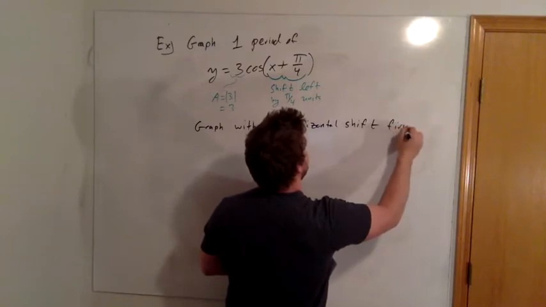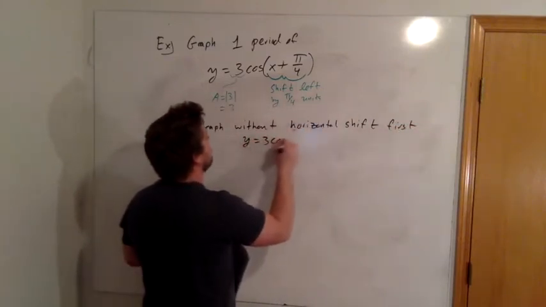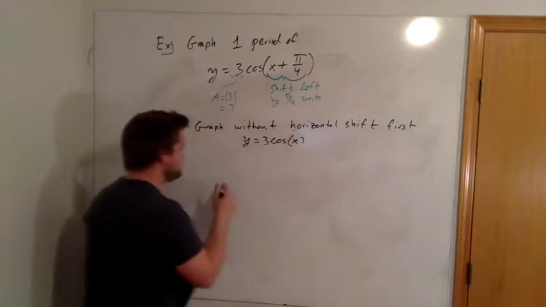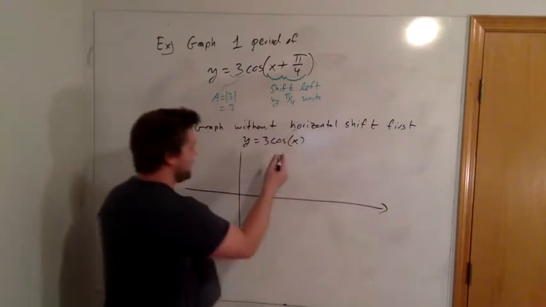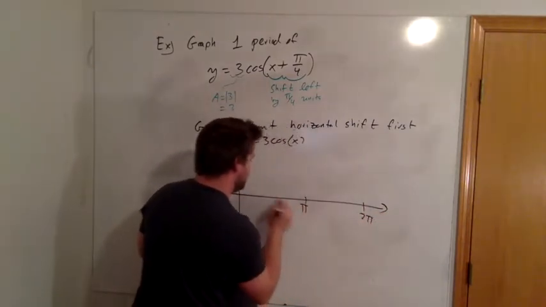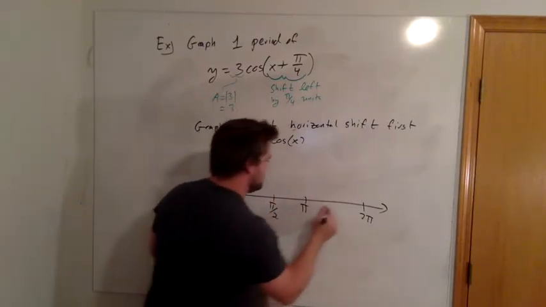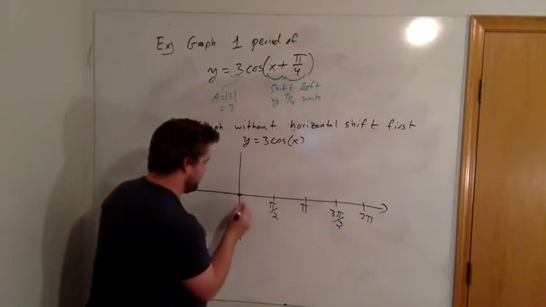First, I'm going to graph y equals 3 times the cosine of x. Okay, so let's go ahead and graph this. Here is 2 pi, here's pi over 2, and here's 3 pi over 2. Let's also record 0.